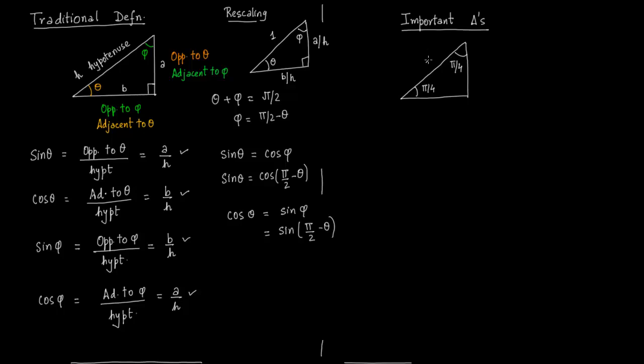So hypotenuse we will always scale to 1. So here you remember base is 1 by root 2 and height is 1 by root 2. So again you have cos theta is cos pi by 4, which will be 1 by root 2, and sine pi by 4 will also be 1 by root 2.